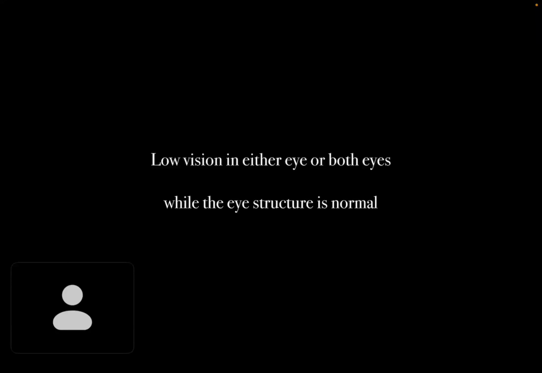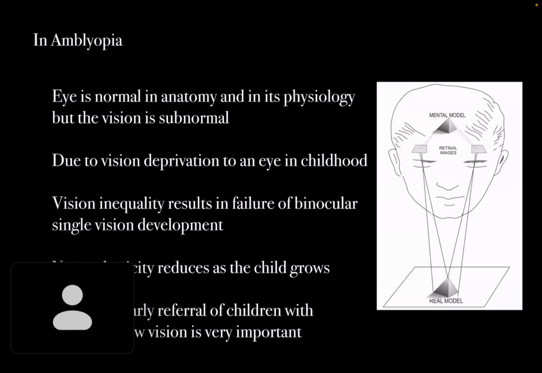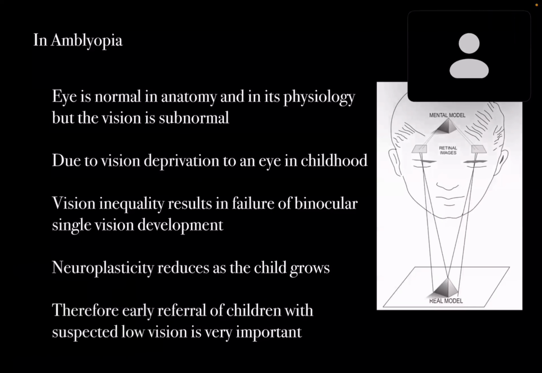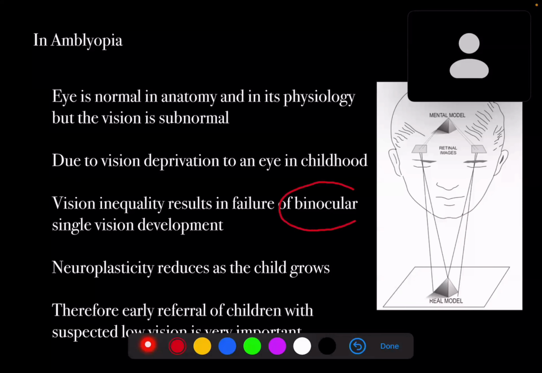Then we call it amblyopia. So the eye is normal in anatomy and physiology, but vision is subnormal. It happens because of vision deprivation, loss of vision in childhood. So vision is not equal in both eyes, and therefore binocular vision cannot develop.